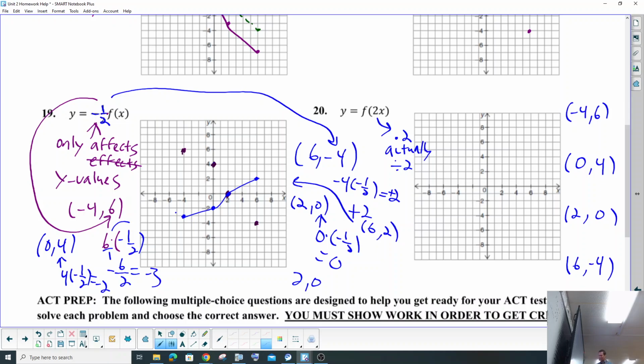You're going to take each of those x values, all the way down, and you're going to go ahead and divide it by 2.